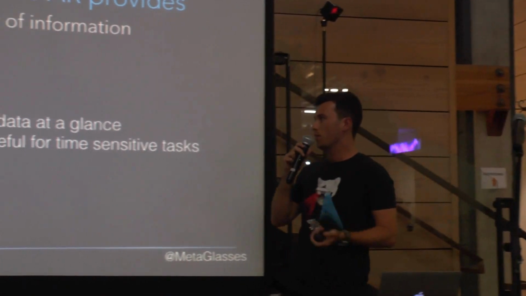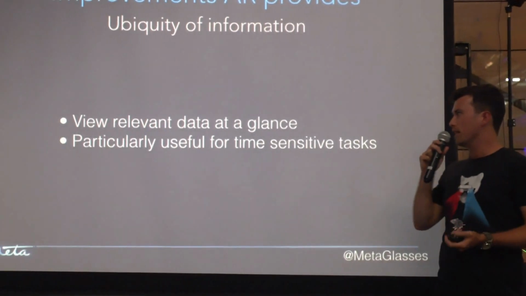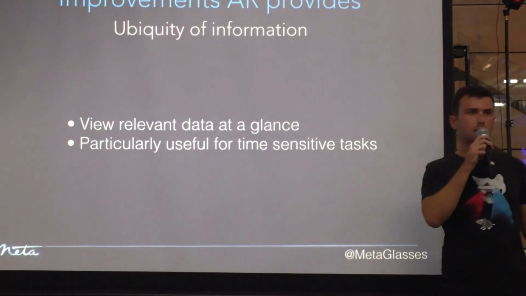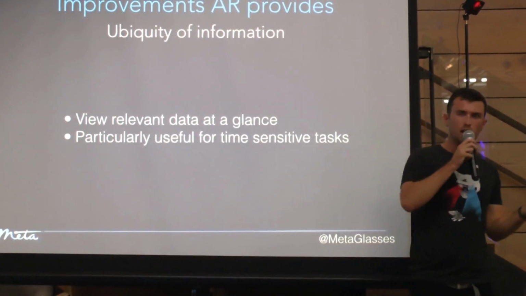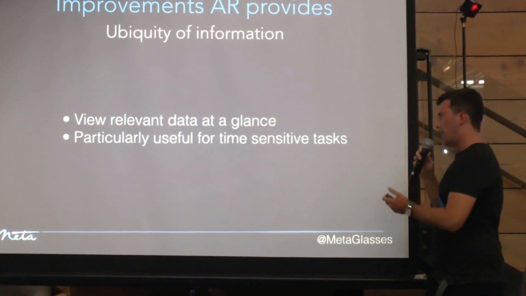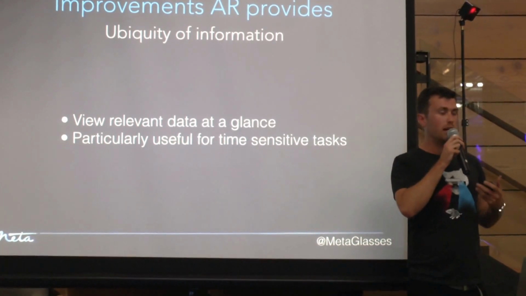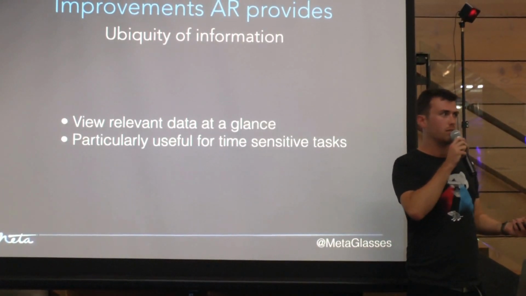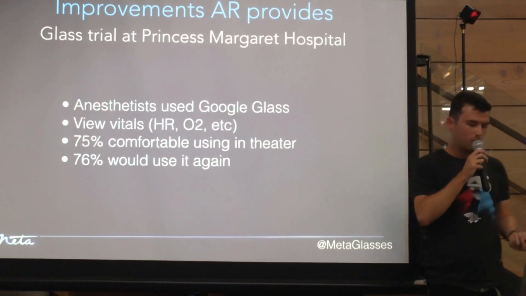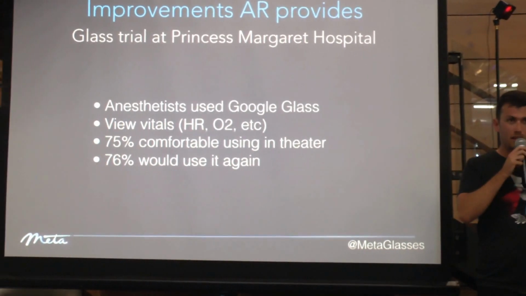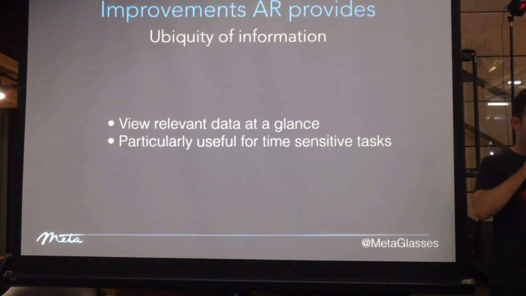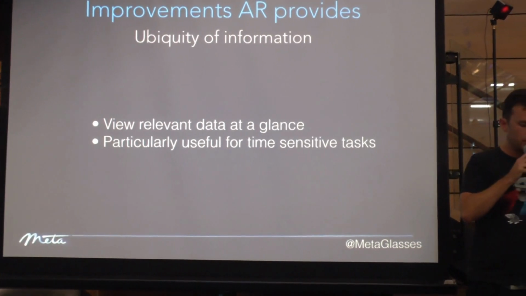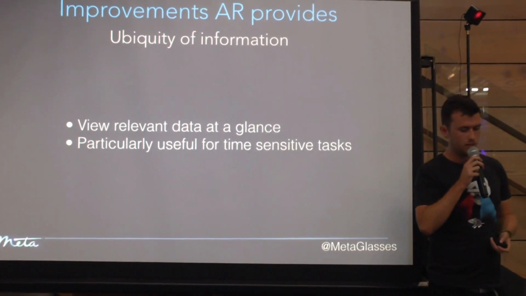So what we can do is, we can view relevant data at a glance, and this is particularly useful for time-sensitive tasks. So instead of having to constantly look at a data product while we're trying to work on something that, for example, in an operating theater, so this is really particularly useful for time-sensitive tasks.